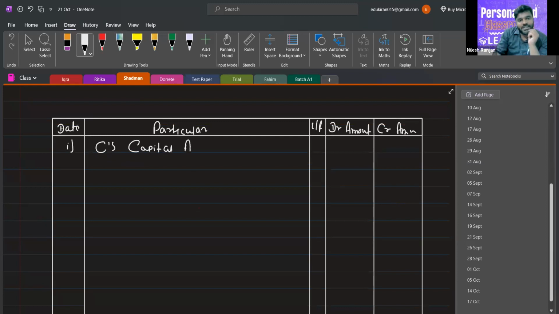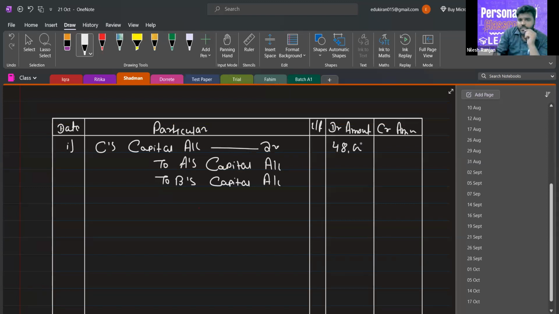C capital account debit to A capital, to B capital: 48,000, A 12,000, and B 36,000. Now the second entry, for the existing goodwill.